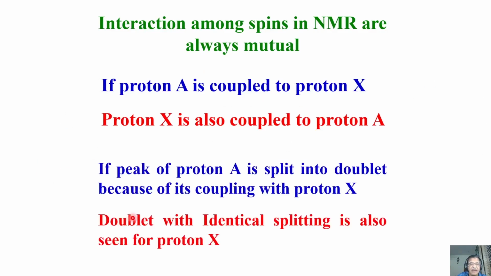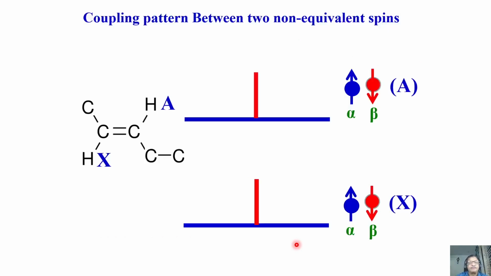And I showed in the two spin case, if the peak of proton A is split into a doublet because of its coupling with proton X, a doublet with identical splitting is also seen for proton X, because proton X also sees the two spin states of proton A. So this is one of the very important points you should remember: interactions in NMR among the spins are always mutual.